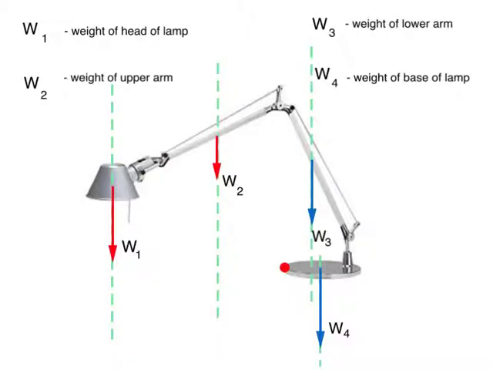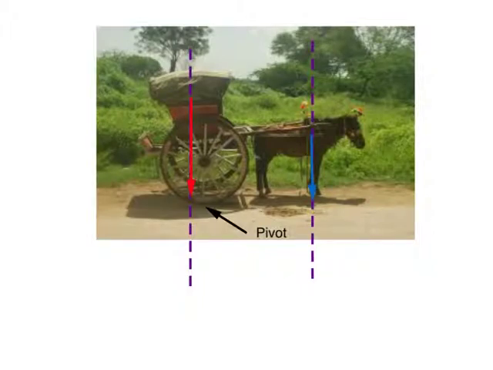Moment of force plays an important role here in deciding what load a donkey can carry. Donkey does not know the concept of moment, but a human being should. For this load shown here, the weights act somewhere around the center of gravity here. And this weight produces an anti-clockwise moment about the pivot, which is at this point.